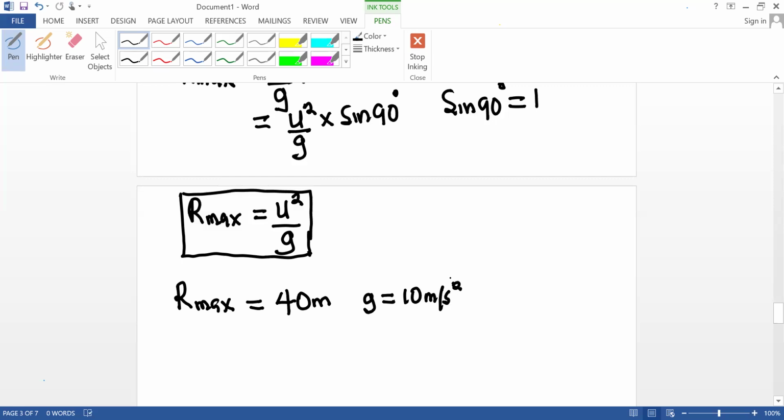Start, class. What is the maximum range? If the maximum range is 40, determine the velocity of projection when g is 10. 20 meters per second.